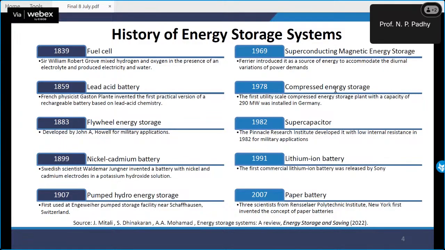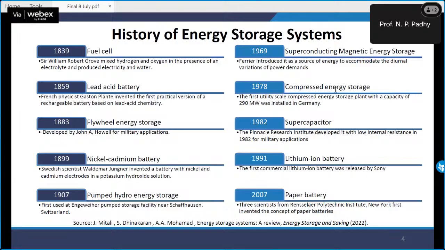The only limitation: it's very robust, very reliable, no maintenance, wonderful. But the only thing, weight and size, is pulling this technology back. French physicist Gaston Planté invented the first practical version of a rechargeable battery based on lead-acid chemistry.